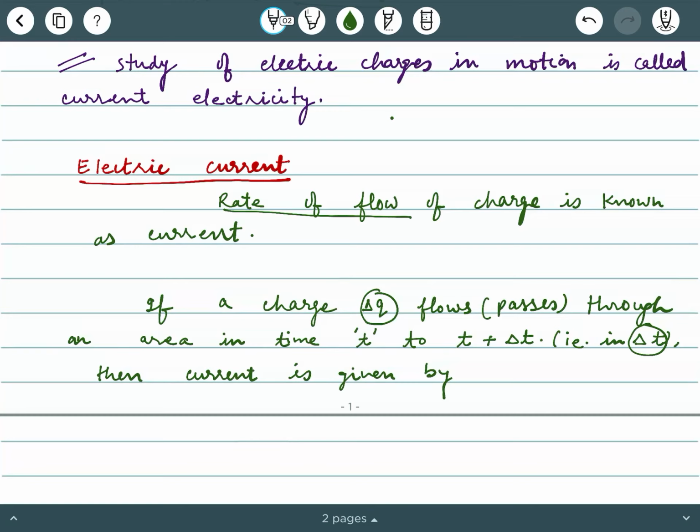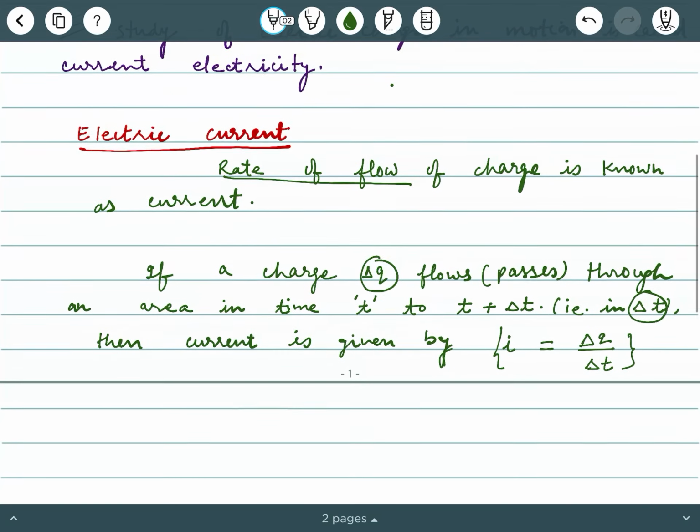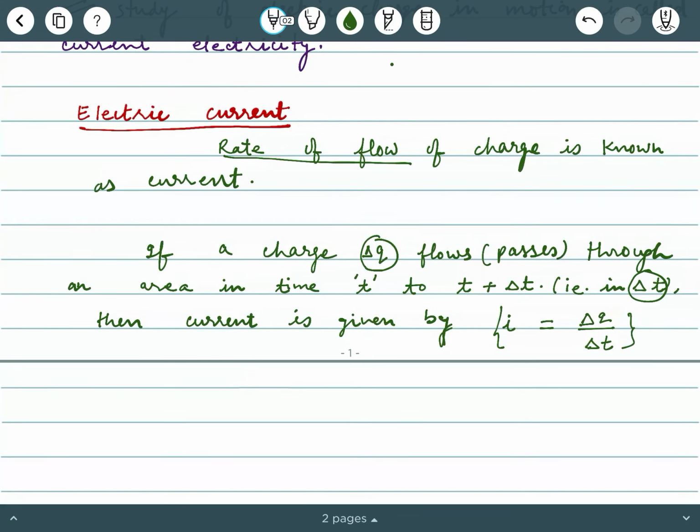Then current is given by I equal to delta Q by delta t, right?